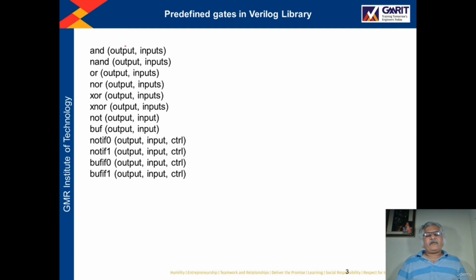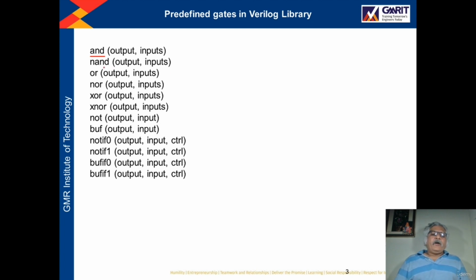are basically tri-state gates. So now here, the first one is the predefined AND gate, right? It has one output and the number of inputs will be 2 or more than 2.